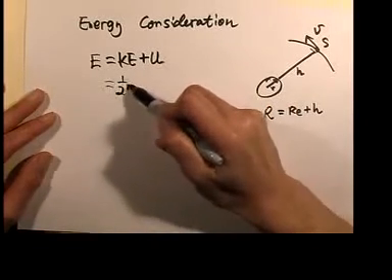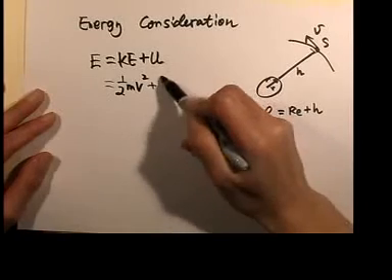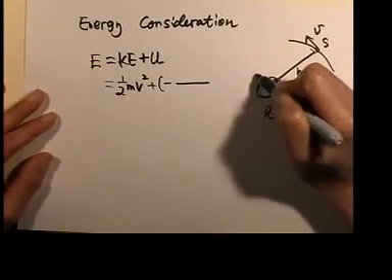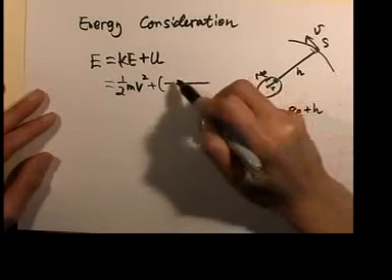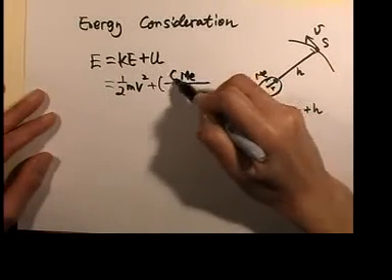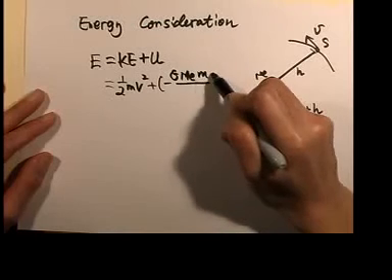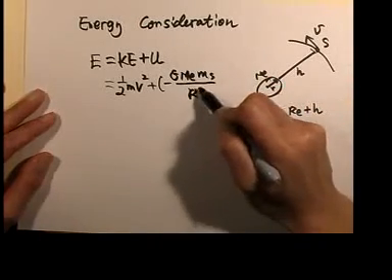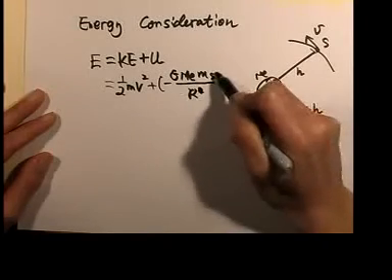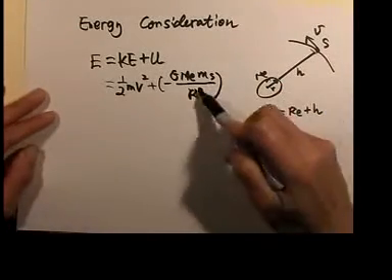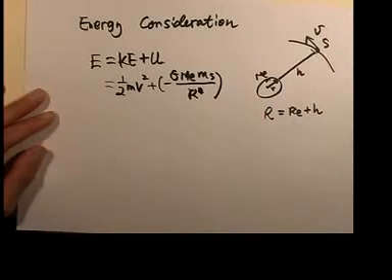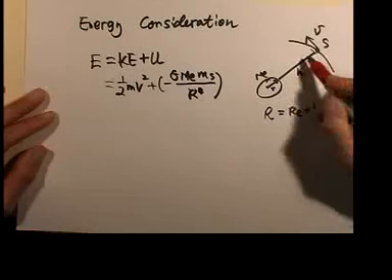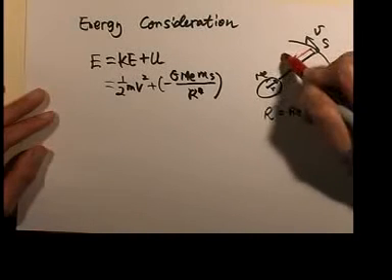Kinetic energy is 1/2 mv squared. Potential energy is negative of, that is the Earth, the mass of the Earth as it concentrates at the center, times G, and the mass of the satellite, and then we have r. No square. The potential energy has no square. On the other hand, the reason the satellite rotates around the Earth is gravitational attraction.